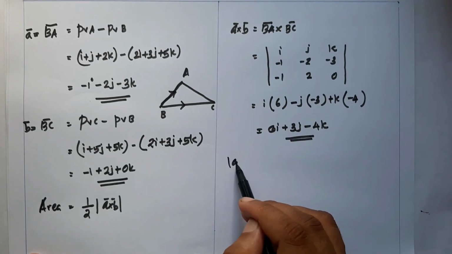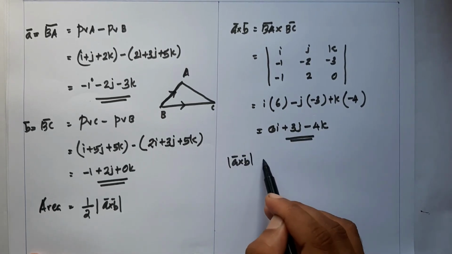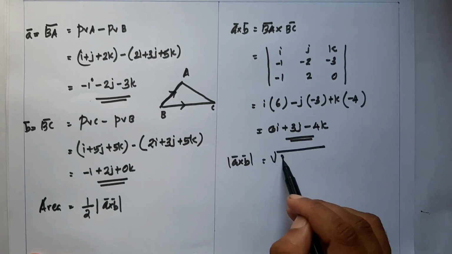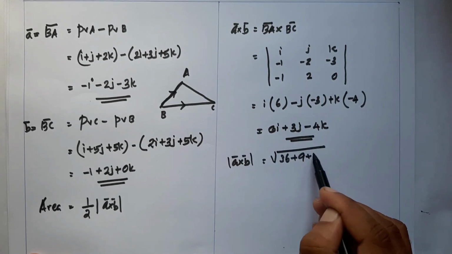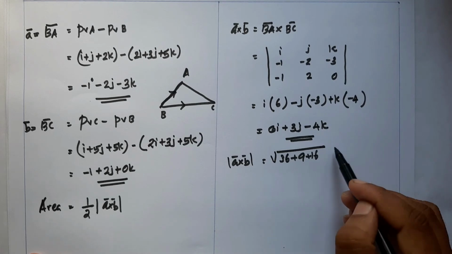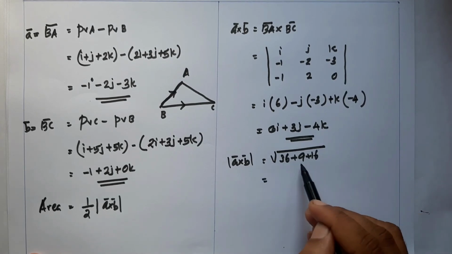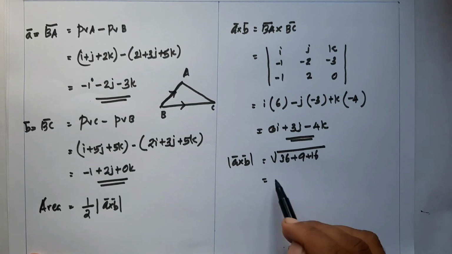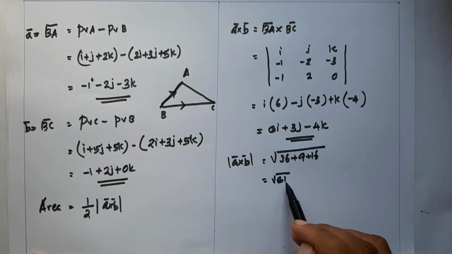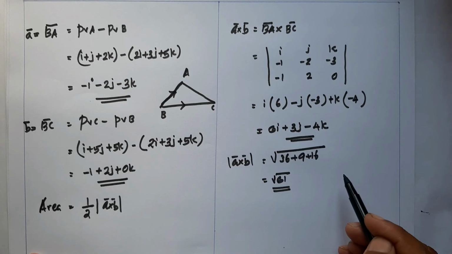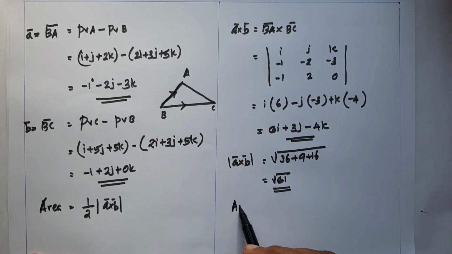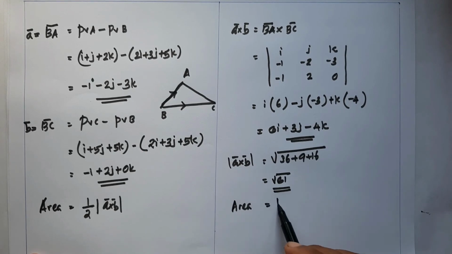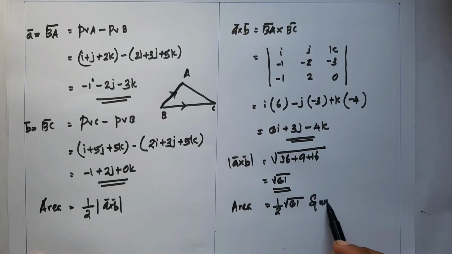And therefore the modulus of A cross B is equal to the square root of 36 plus 9 plus 16, which is 36 plus 9, 45, plus 16, 61, that is root 61. Therefore the required area is equal to half into root 61 square units.